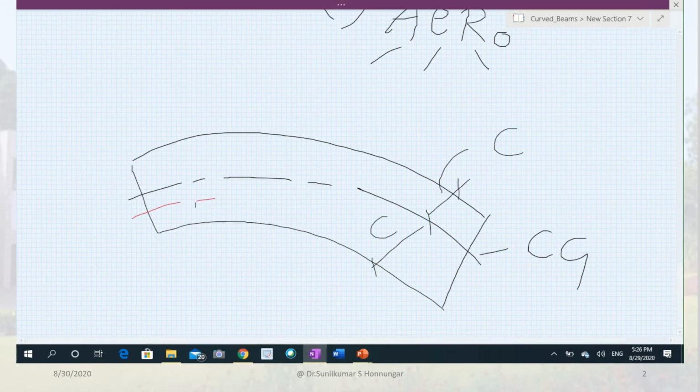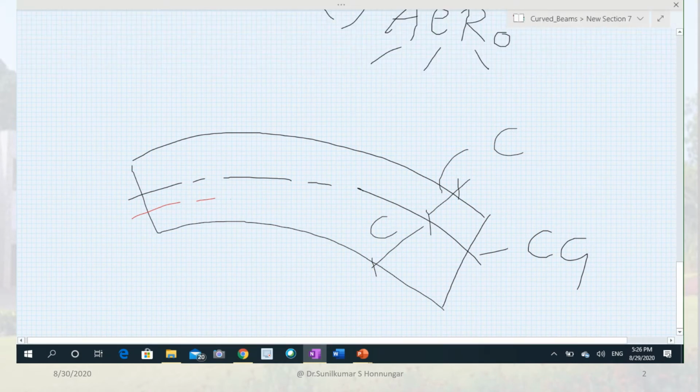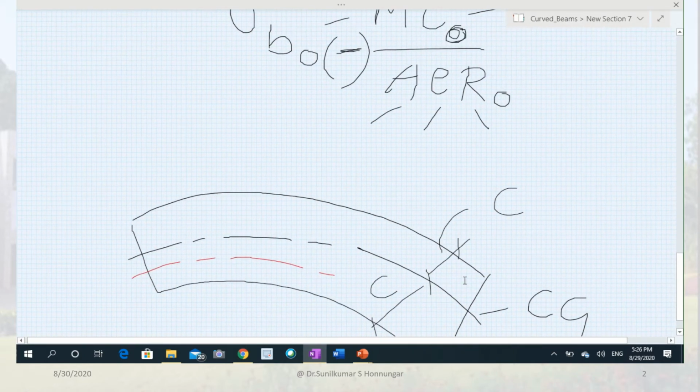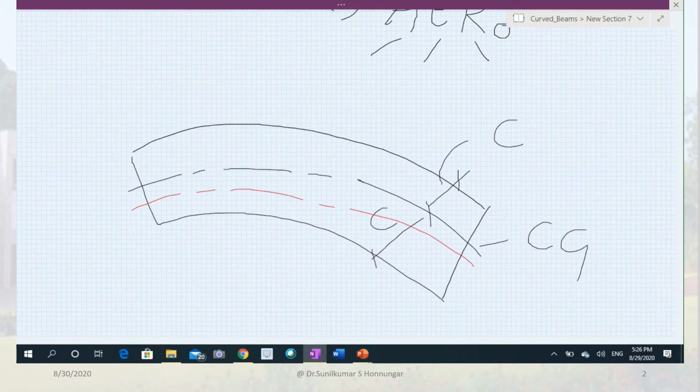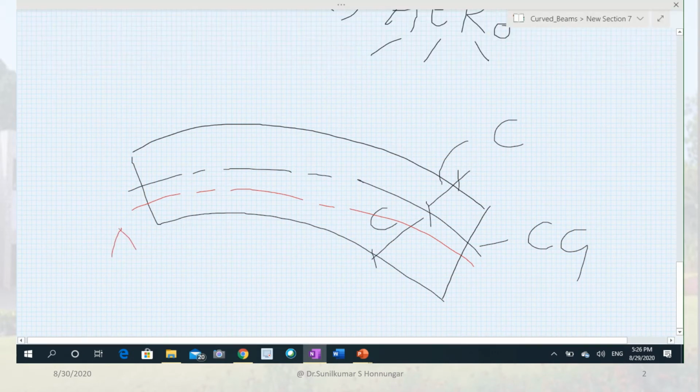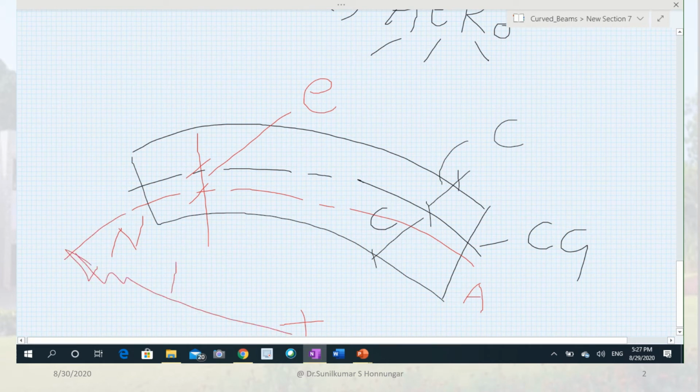This red color is going to be the neutral axis, so I'll write NA. The distance is actually uniformly maintained, but since I am drawing freehand, it is not. The difference between them is e. The center of curvature is somewhere here, so from here to here, this is going to be Rn.